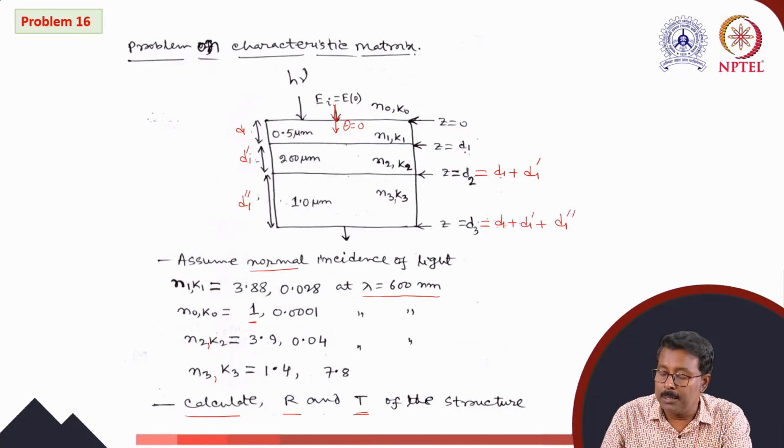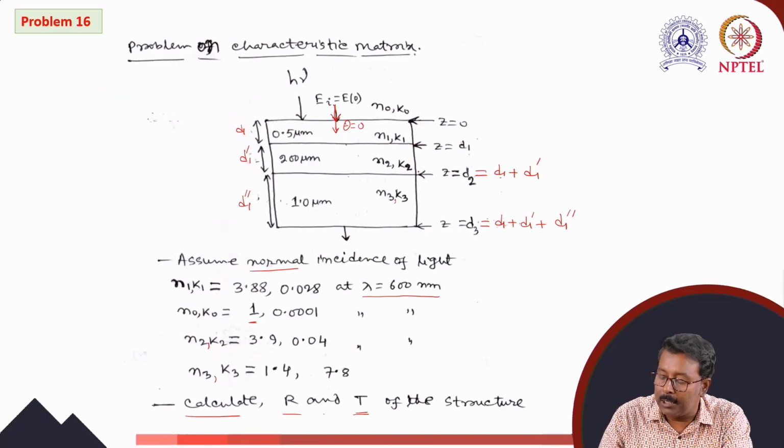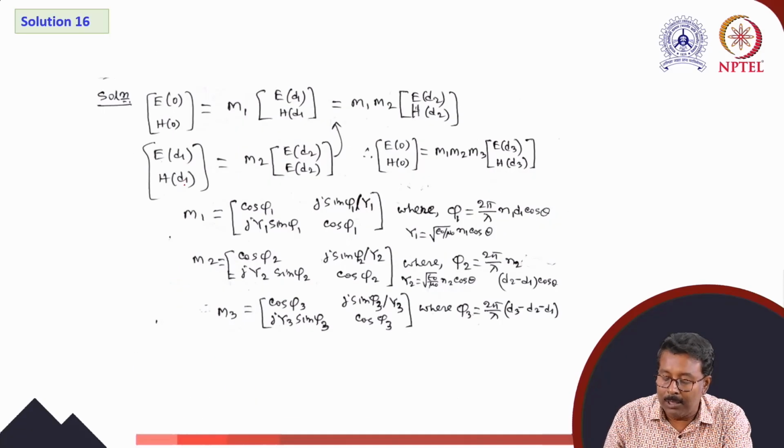So E0, H0 will be related by some matrix M1 to ED1, HD1 at the interface D1. Again, ED1 and ED2, at the two interfaces, are related by this formula: ED1, HD1 is equal to M2 times ED2, HD2.